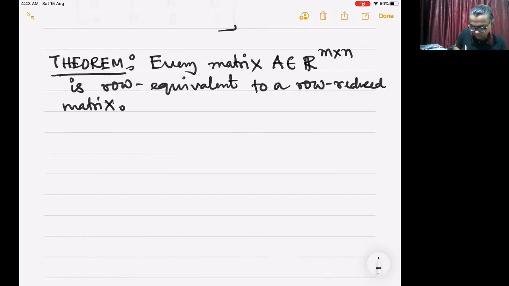Proof, once again, very simple. I'm not going to do a complete proof of this. This is kind of tedious. I'm just going to give you a sketch of the proof.